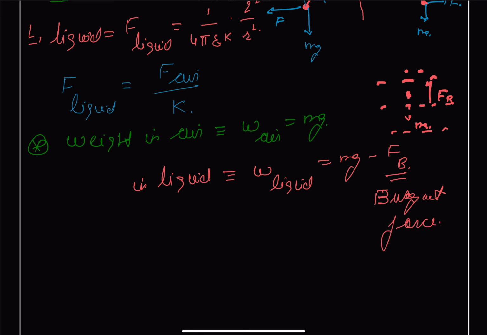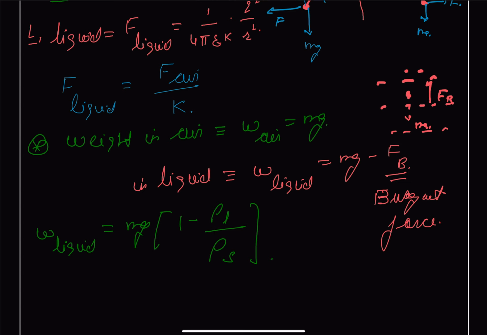And we already know, we can write this as our W liquid will be equal to, with respect to their densities, our mg times 1 minus the density of the liquid divided by the density of our sphere, that is our S suppose, which is given to us as 1.6.